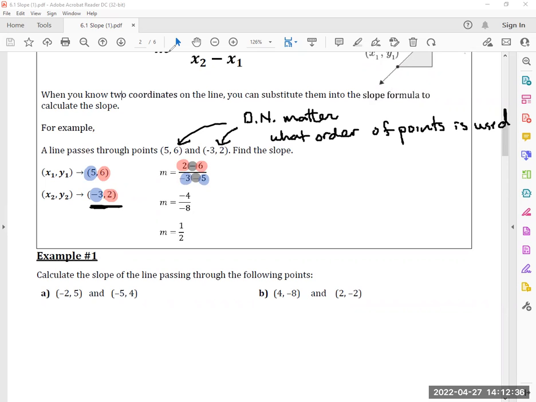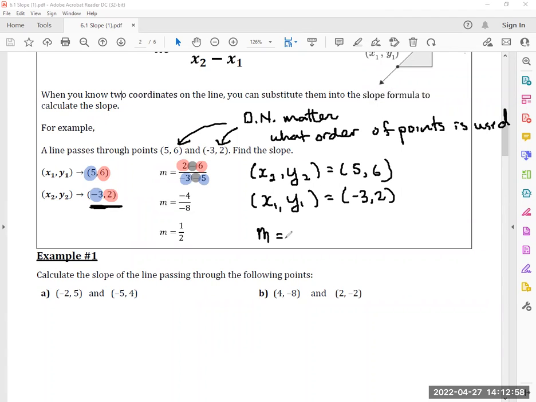This time around, I'm going to say that my second point is the 5, 6, and my first point is my -3, 2. All right. So let's do this.